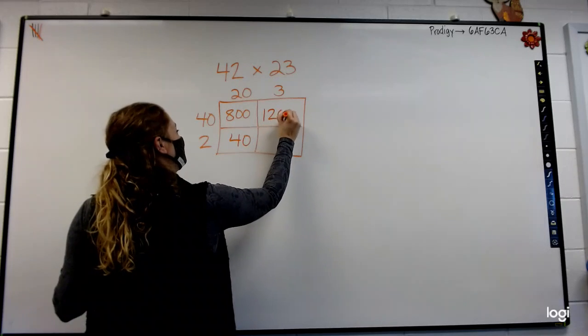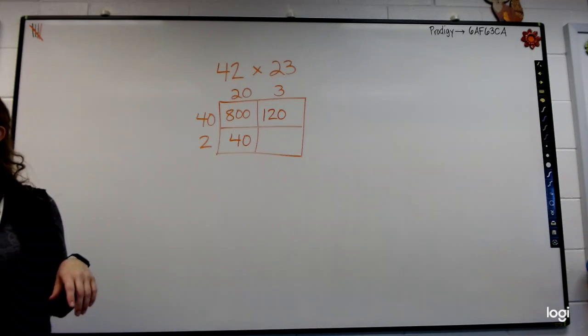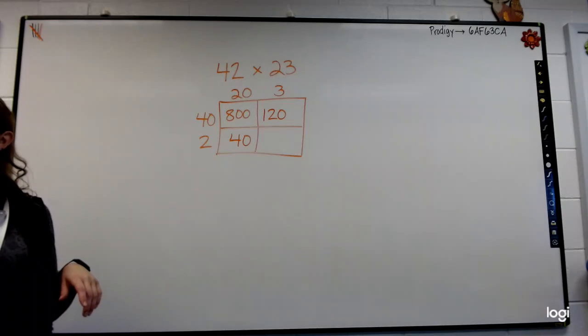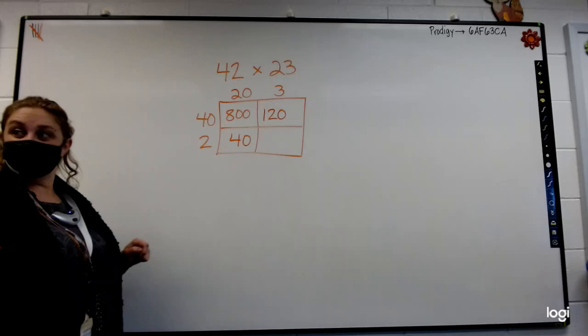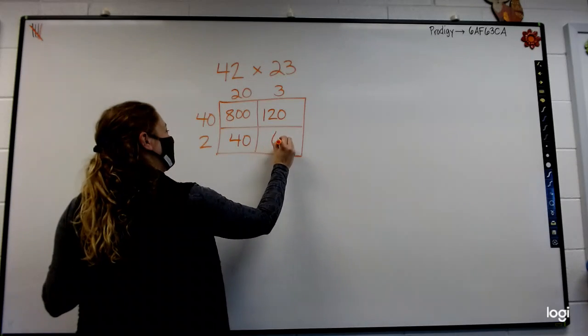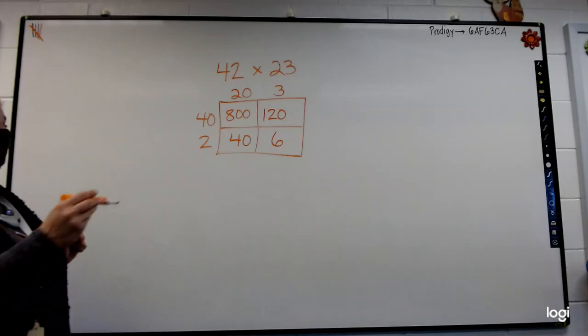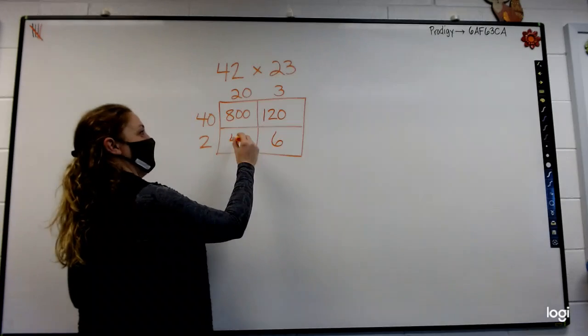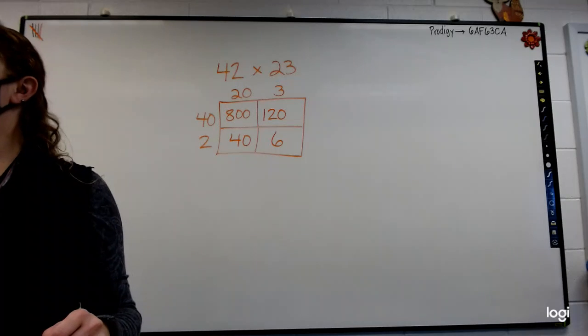We had covered 10. And our last box. Who's got it for me? Josiah? 2 times 3 is 6, so it's 6. Excellent. All right. These are called partial products because we found pieces of the full product. Remember, that's the answer.